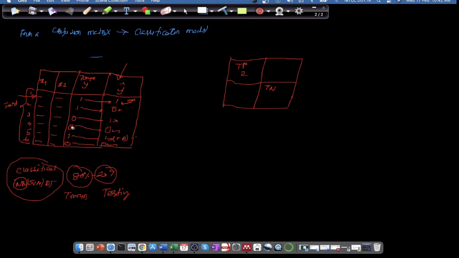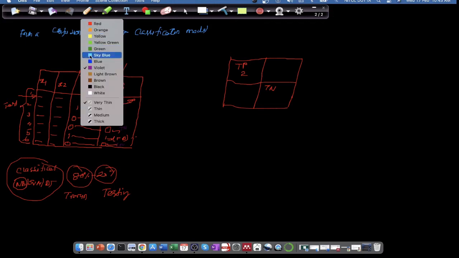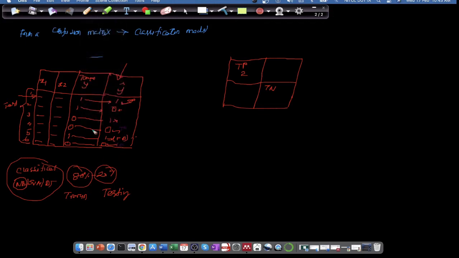Here this one was negative and evaluated as negative, so it is true negative. Similarly, this was 0 and evaluated as 0. This is true negative. So true negative is also 2.